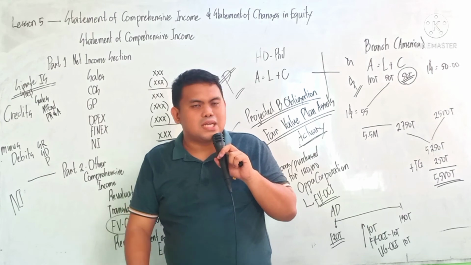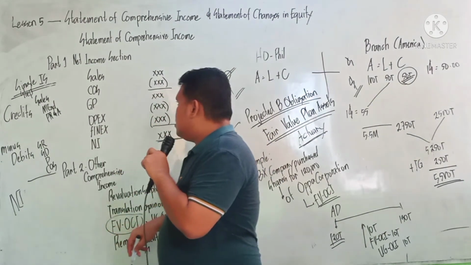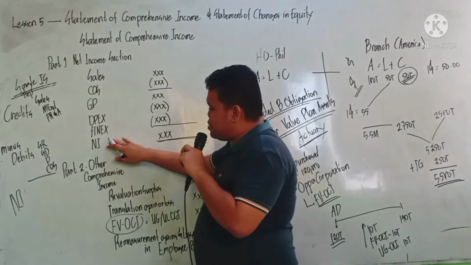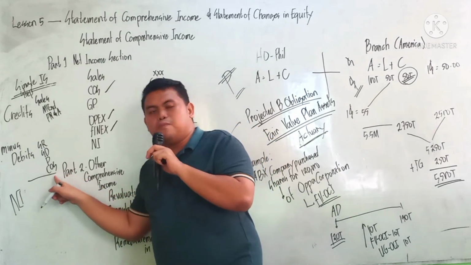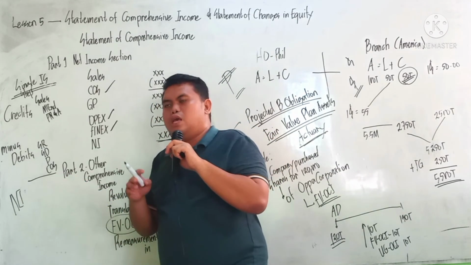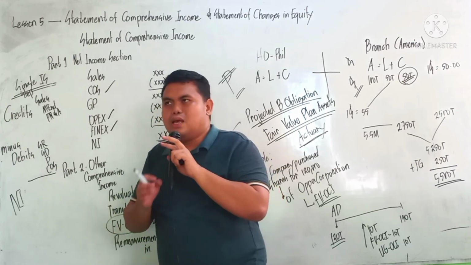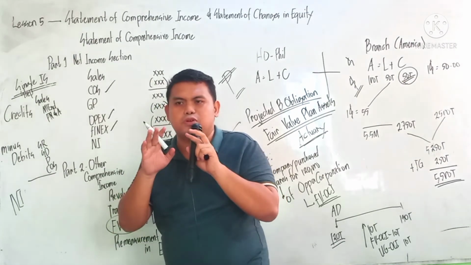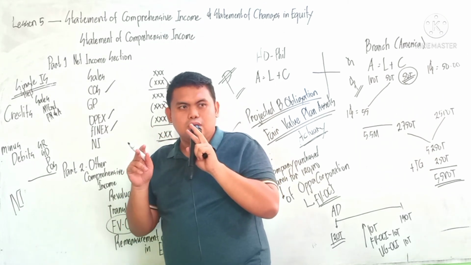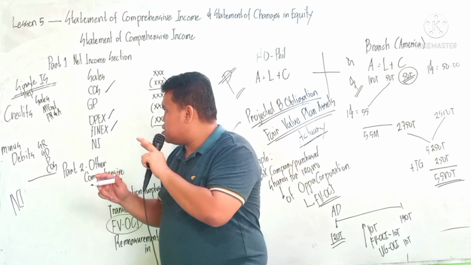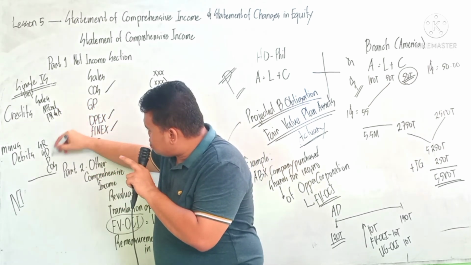Since they reduce the cost of sales, and the cost of sales is a debit. Everything that opposes net income is a debit, like the cost of sales, the OPEX, and the finance expenses. And when you compute the cost of sales, what increases the cost of sales has a debit normal balance, like the gross purchases, right? The normal balance of gross purchases is debit.